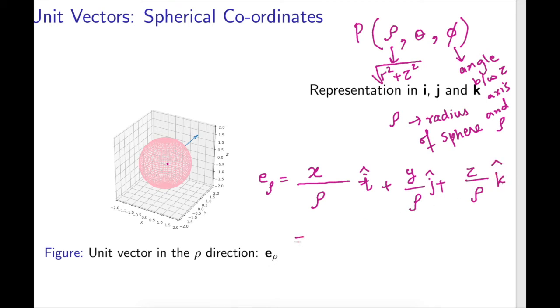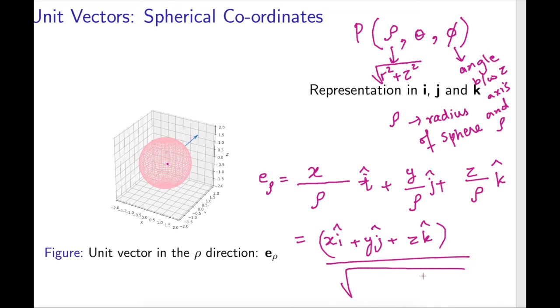Okay, and then I can also say that it is xi plus yj plus zk divided by the square root of x squared plus y squared plus z squared, because this is my rho.